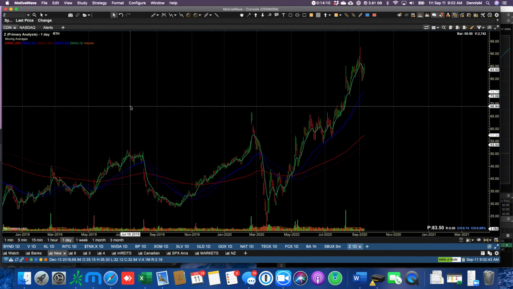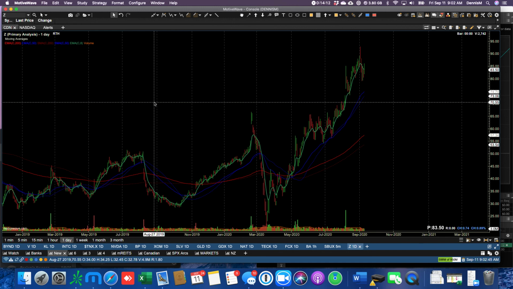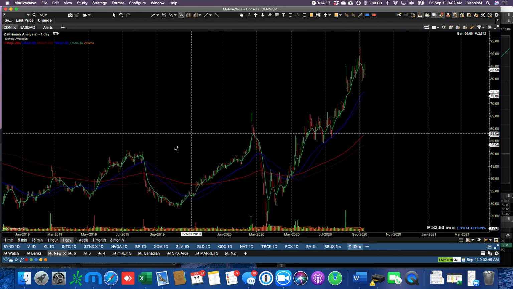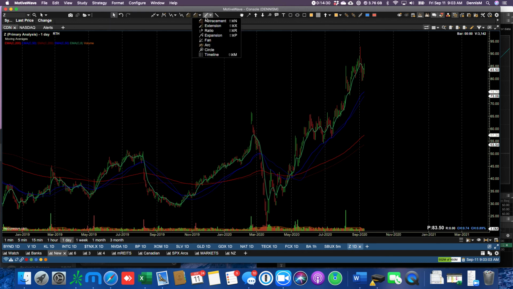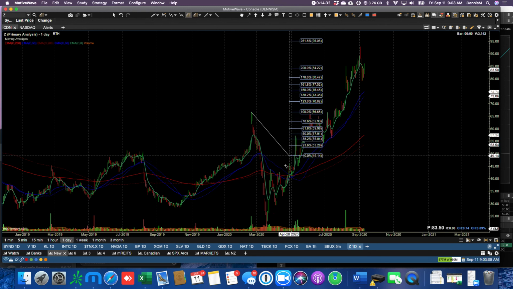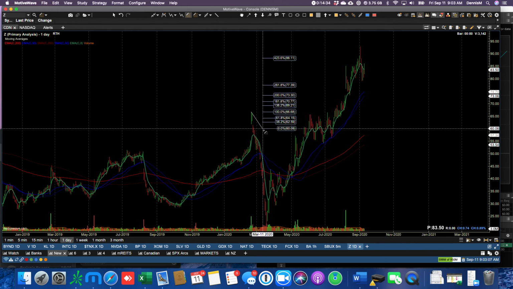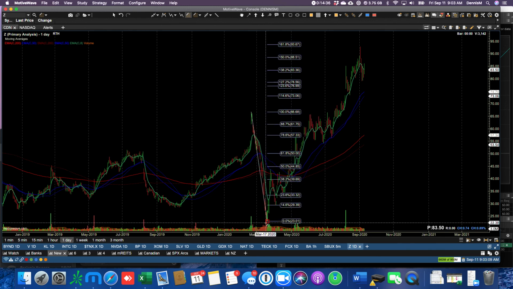The last one I want to tell you about, and if you're a musician, you probably know something about Fibonacci ratios. Let me draw a Fibonacci. Let me take a retracement Fibonacci. There we go. So it says this wave, this down wave, which went from here to here.